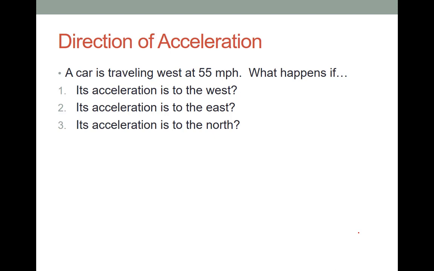Let's think about what happens to a car if we change the direction of the acceleration on it. If we have a car traveling to the west, typically on a compass, west is to the left, so I'm going to go with it. So here is our car traveling at 55 miles per hour to the west. And the acceleration is in the same direction.